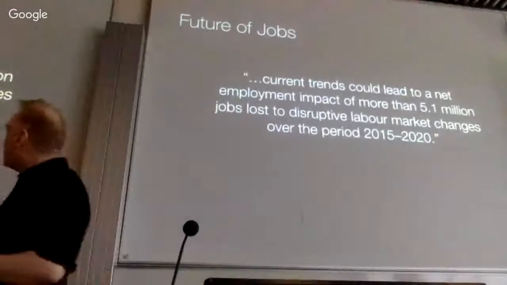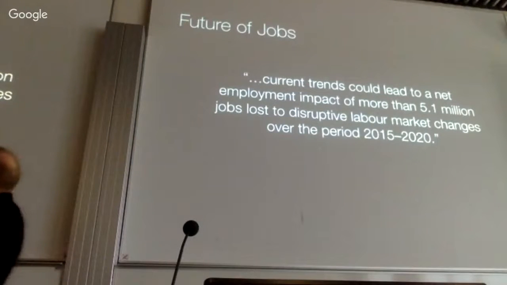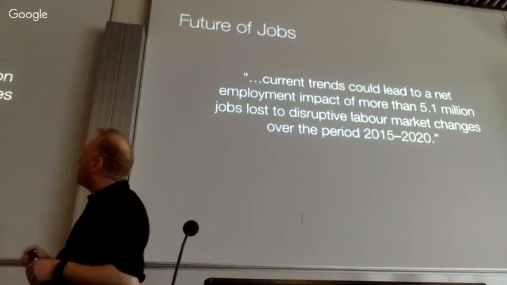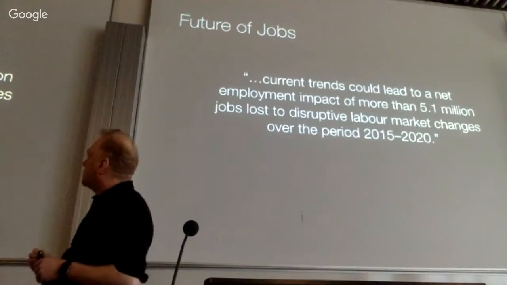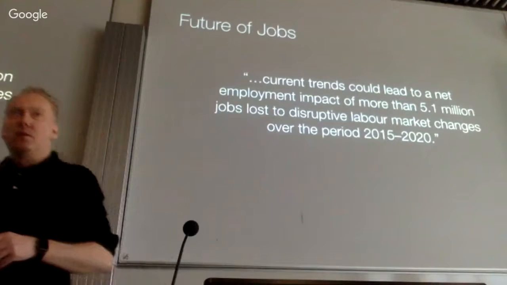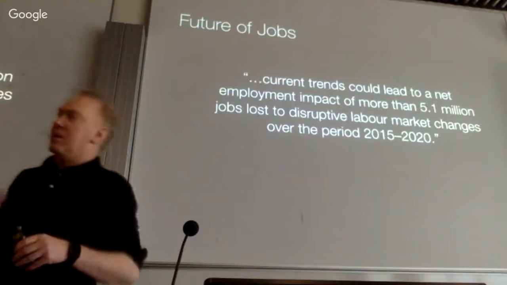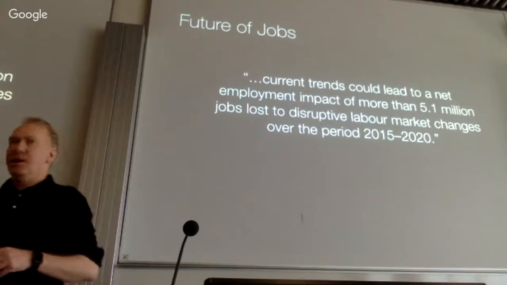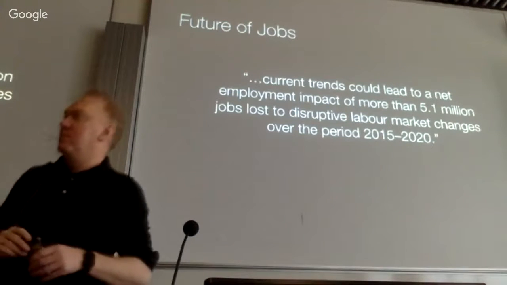And this is what the conclusion of the report was. Current trends could lead to a net employment impact of more than 5.1 million jobs lost to disruptive labor market changes in the next 5 years. I could make a list of all the jobs that are going to be replaced. And it's going to be a really grim list.